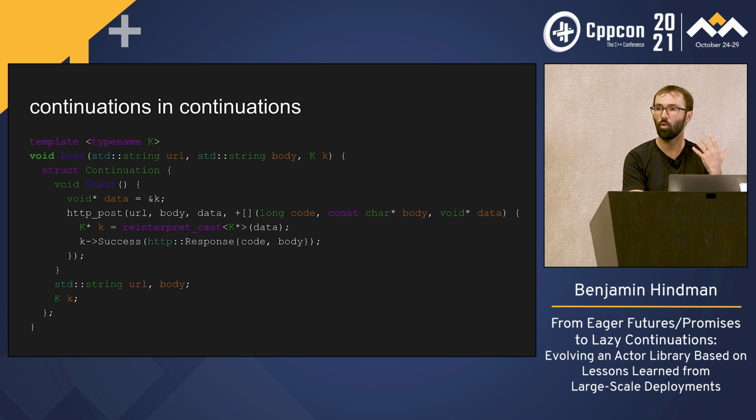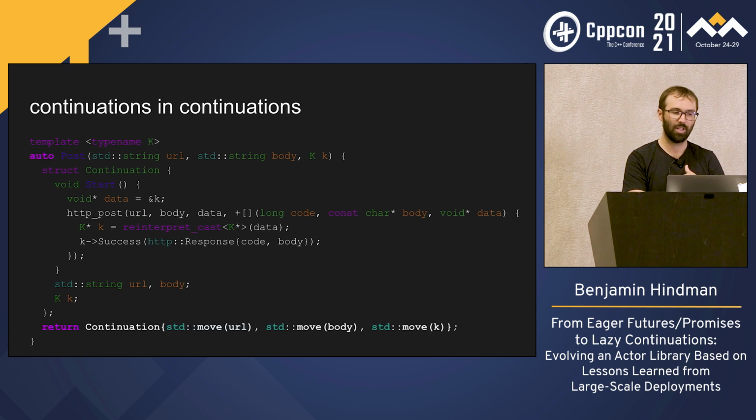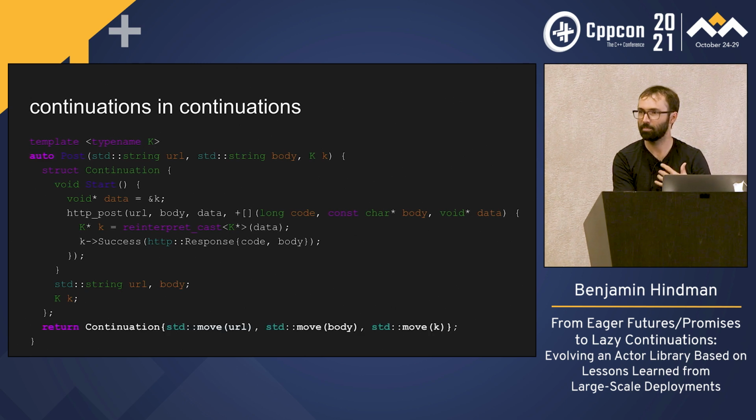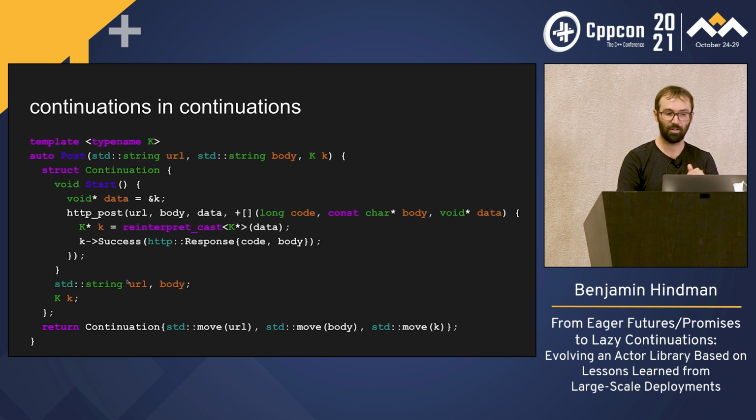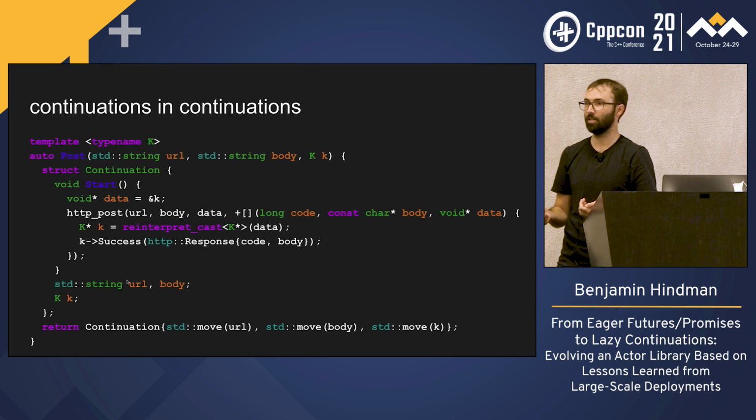And rather than having this entire function returning void, we'll have it return whatever type this whole struct continuation maps to. And this entire post function will basically return a continuation that moves in the URL and the body and the actual continuation that was originally passed into me. Okay, so I'll take a continuation and I'll return from this entire thing another continuation.